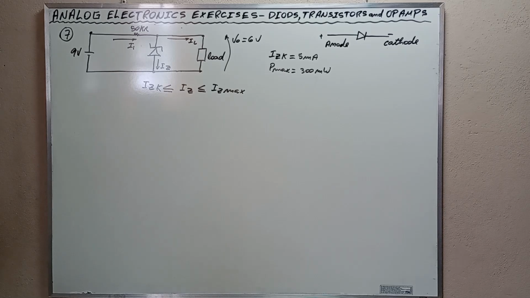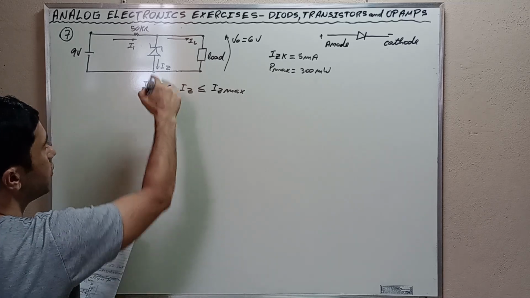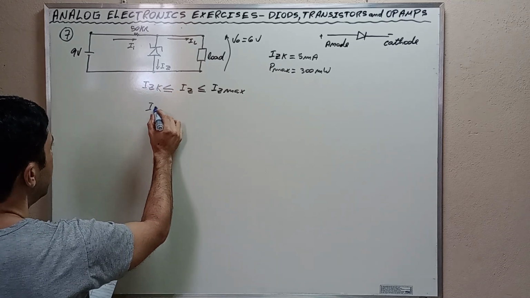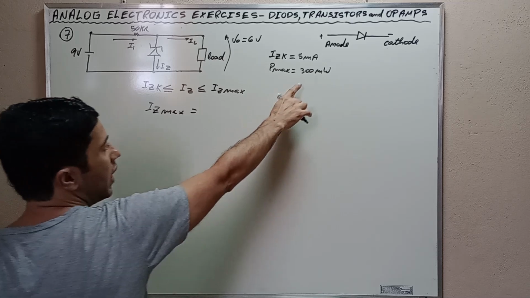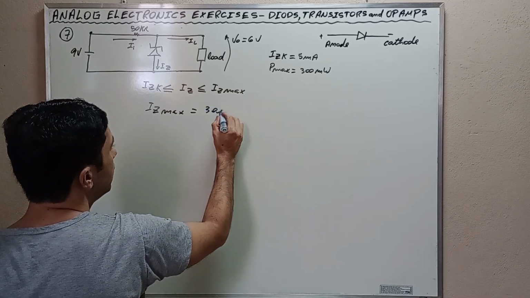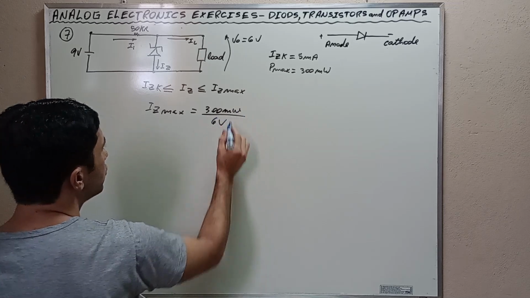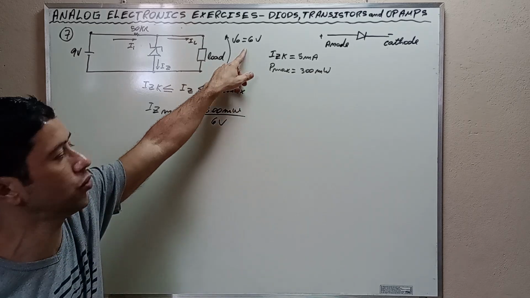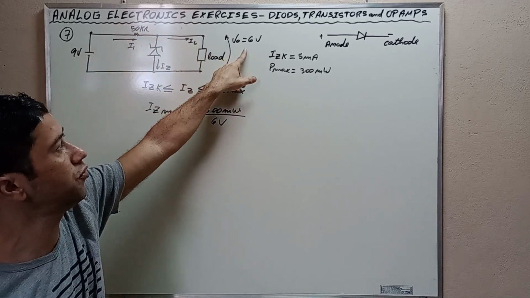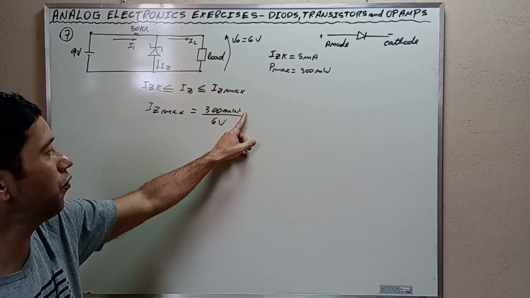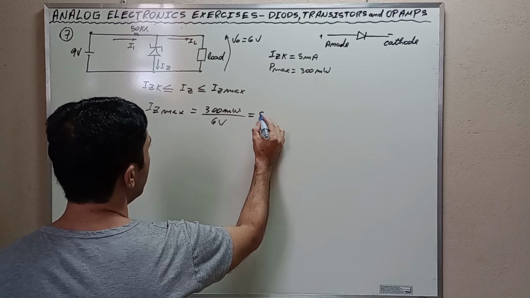IZ max is equal to the maximum allowed power dissipation, 300 milliwatts, divided by 6 volts, because we want to keep this voltage. This is equal to 50 milliamps.